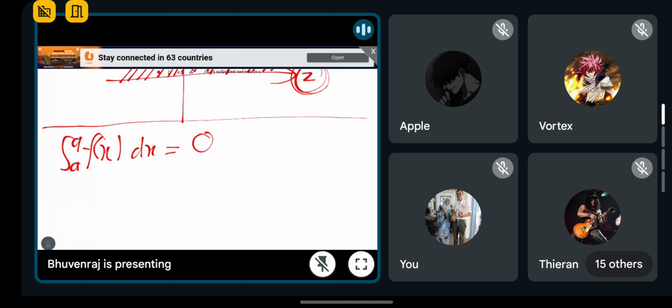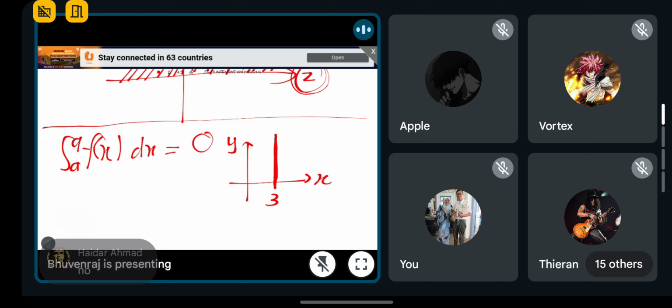Okay, so simple way for you all to understand. Kamu lukis graph juga. Very simple way. Let's say lah, it is just 3. Maksudnya kamu ada garis lurus kat sini. You have a straight line. So if you have a straight line like that, guys, is there any area? Adakah ada apa-apa luas kat situ? Yes, no. So this is why your value is 0. Okay, because it's just a straight line.